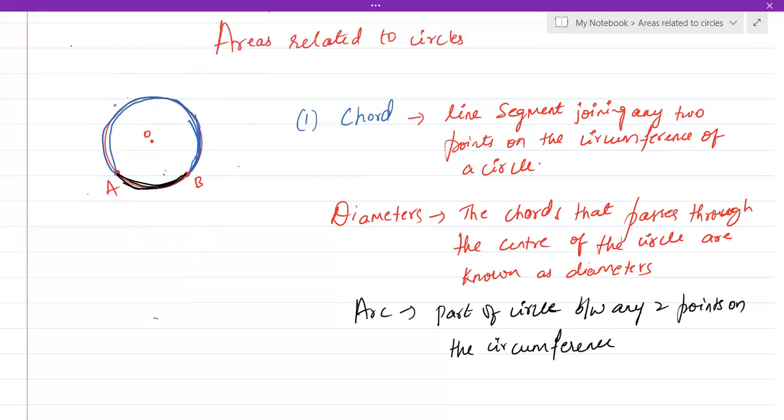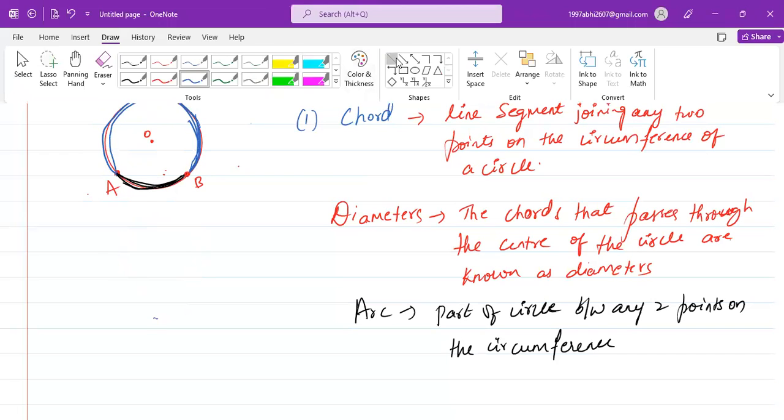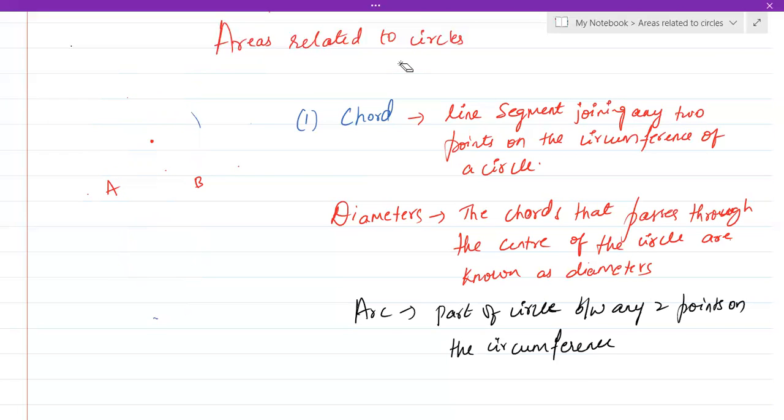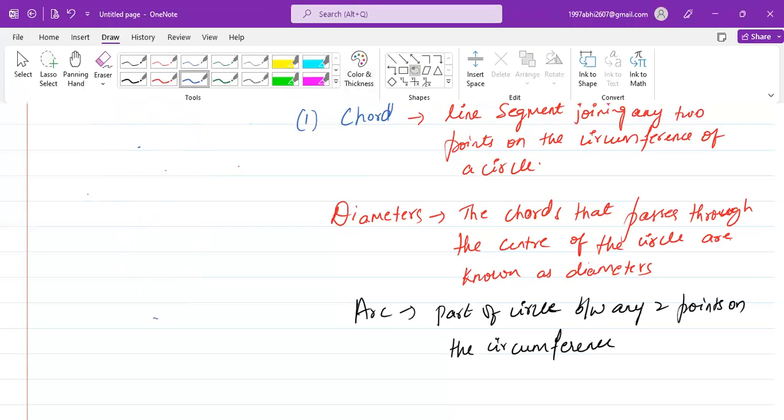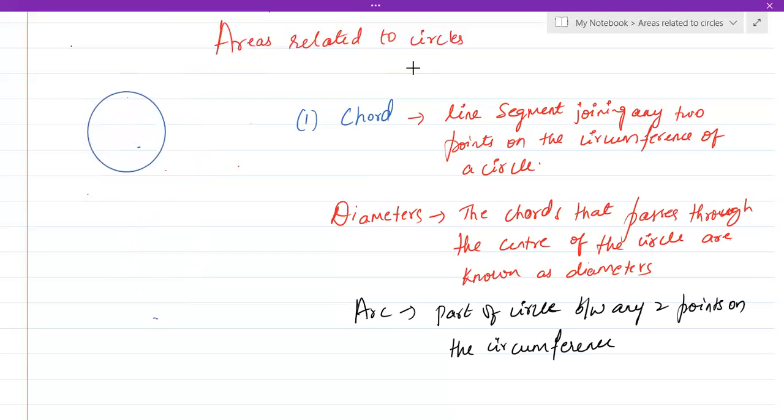Now coming to the very, very important topic, that is segment and sector. Let me erase this. Segment and sector. What we'll do is let's take 2 points on the circle, A, B. Let's join it. So what is AB?